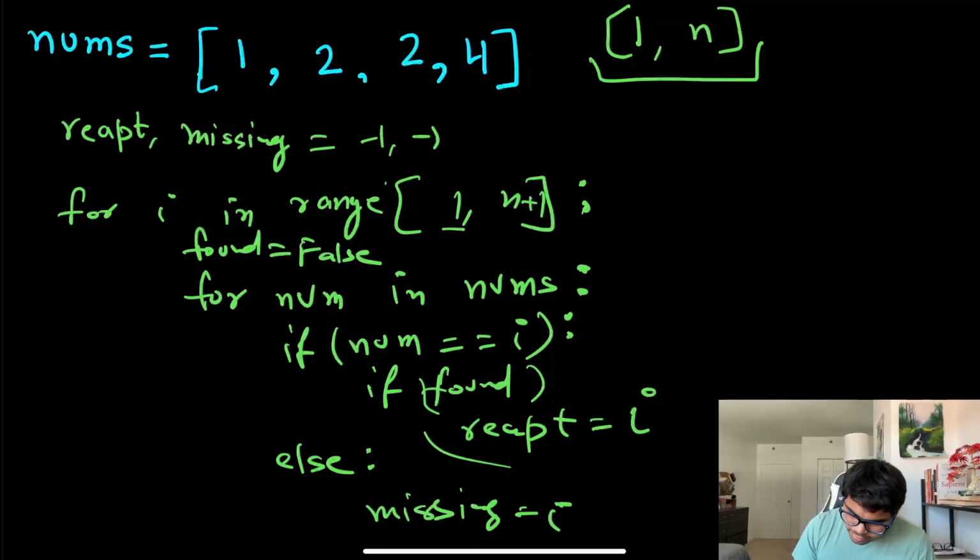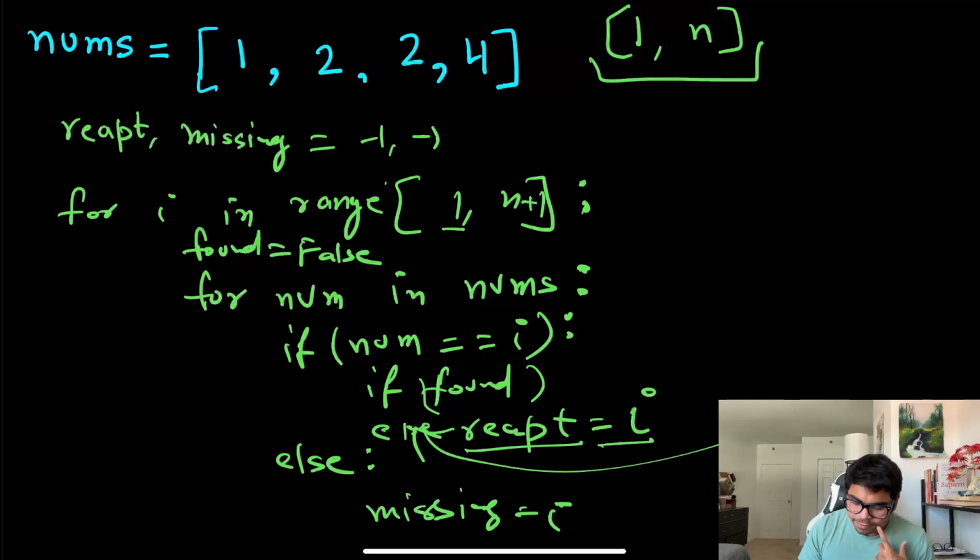But at the same place I will have another else case where I will just do nothing. I'm only checking for repeat if found has already been processed.